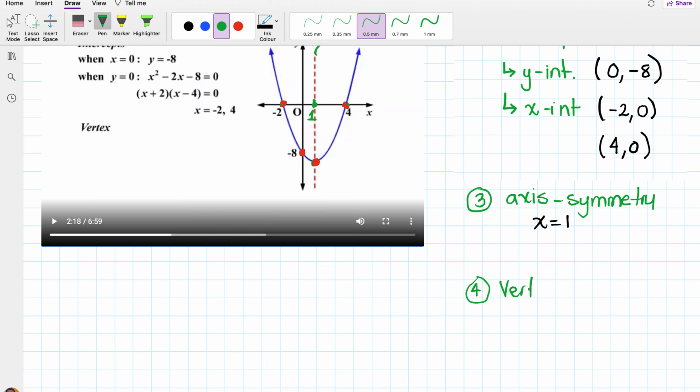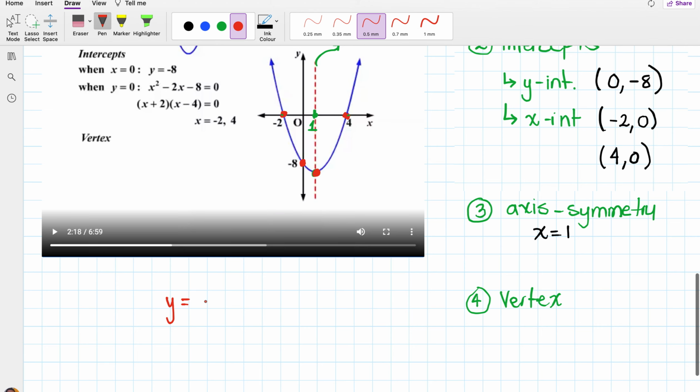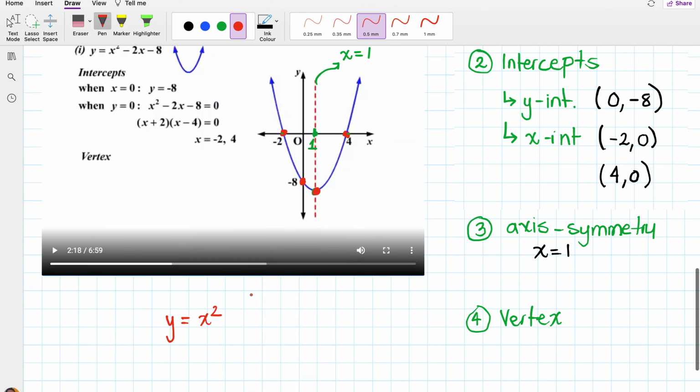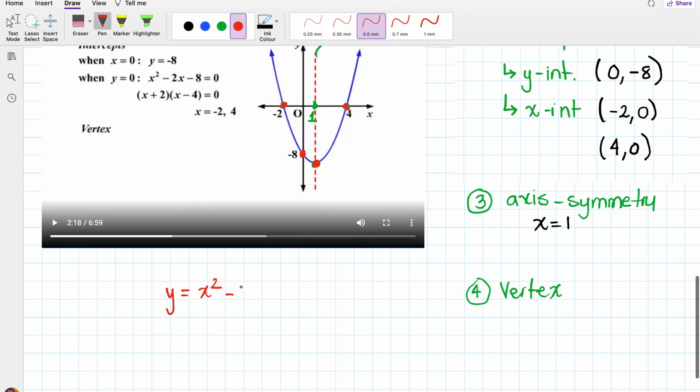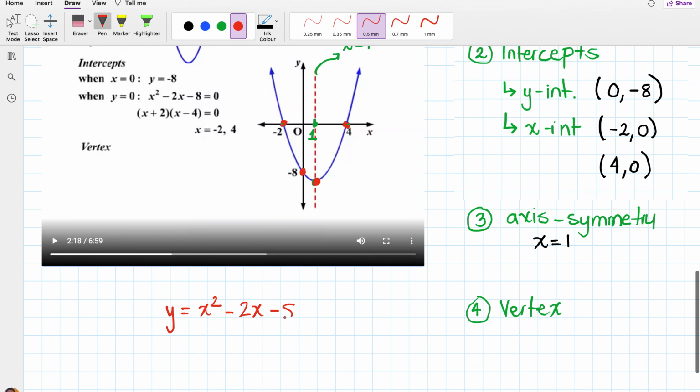So to find that, what we have to do is we are going to sub in this value into our equation. So what is our equation? Our equation is y is equal to x squared, take away 2x, take away 8. And what I'm going to do is sub in this value in here and in here.